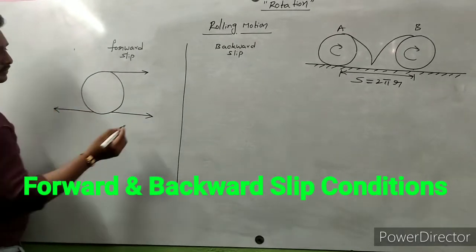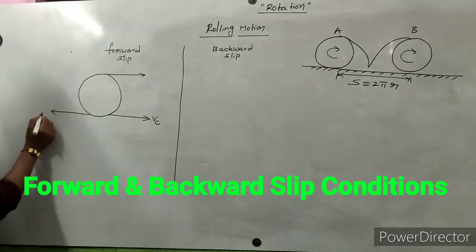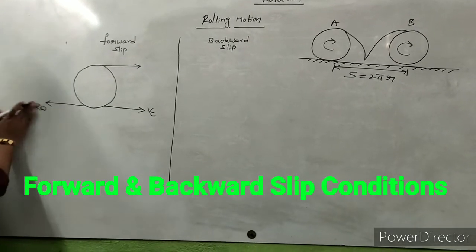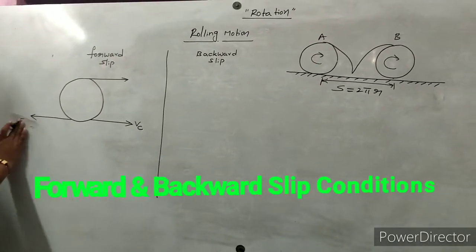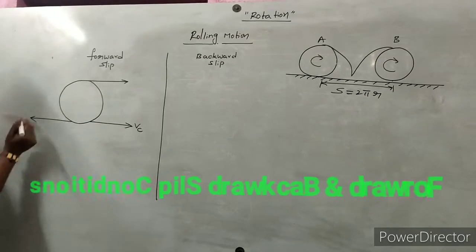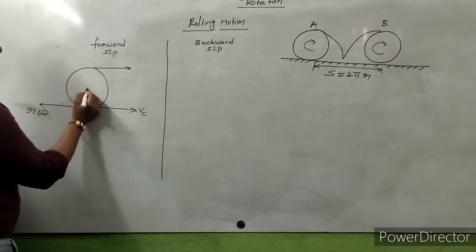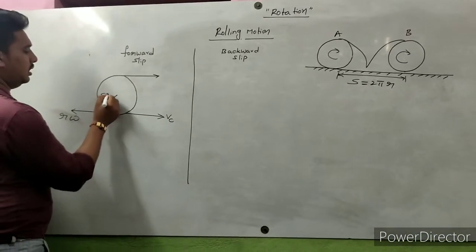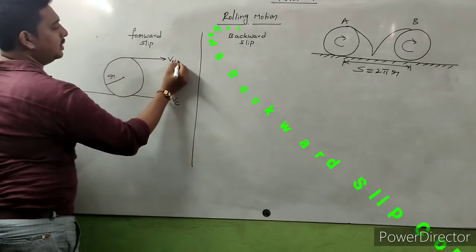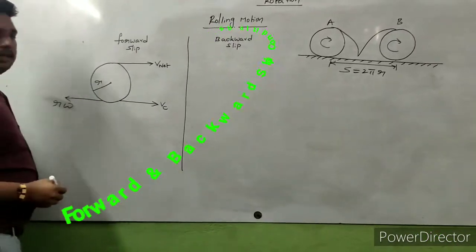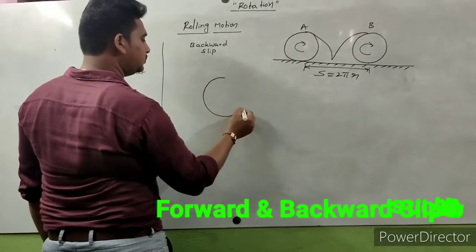Here this is VC, this is r omega, small r omega, where the radius is r, and this is nothing but V net. So this is forward slip, and similarly here is a diagram.